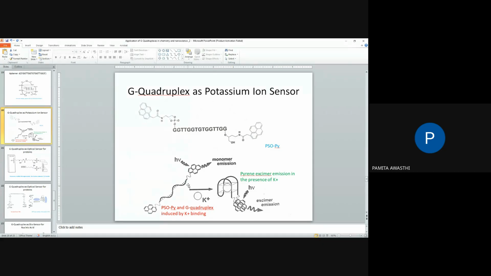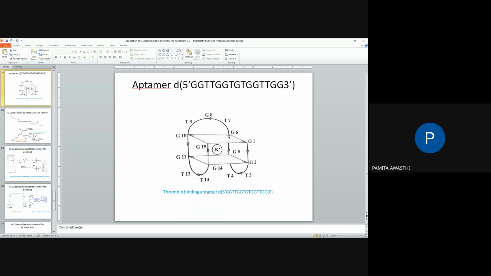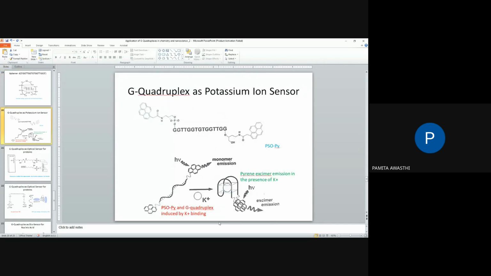But when it forms a complex with potassium, it results in the quadruplex formation. So potassium can form a complex in the form of what we discussed in the previous slide. When this type of structure forms, potassium gets trapped and these two molecules come closer, and this results in the excimer emission, and hence you can distinguish it.